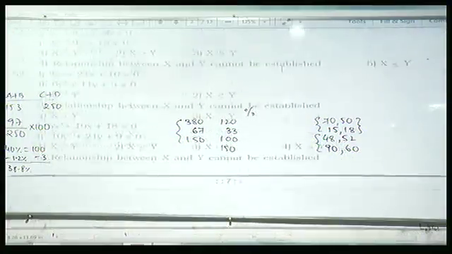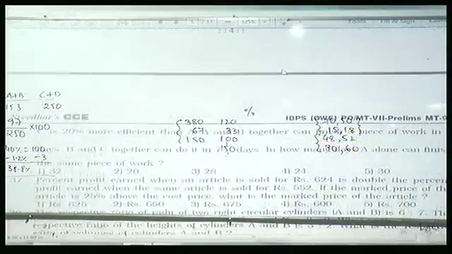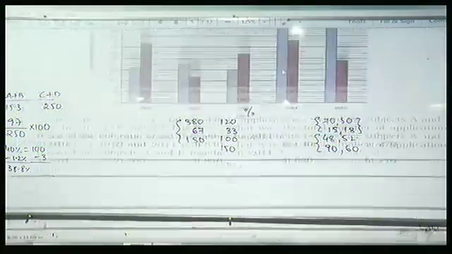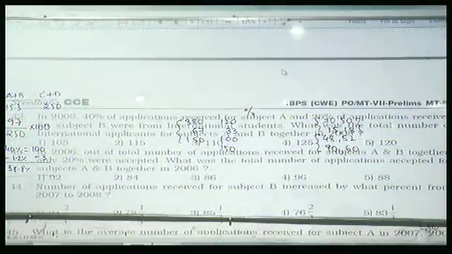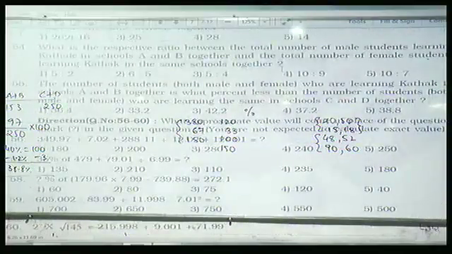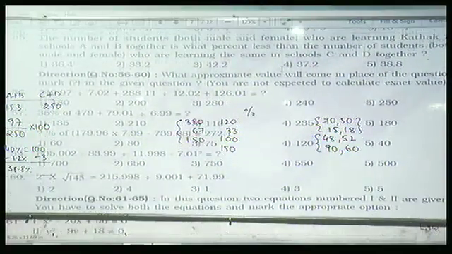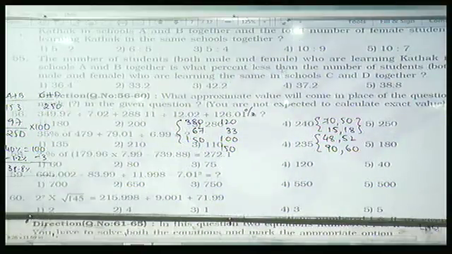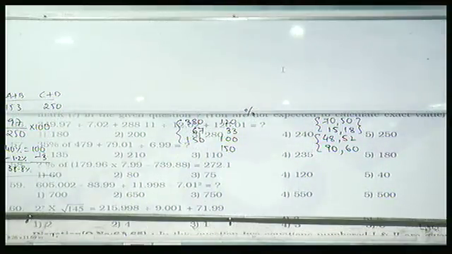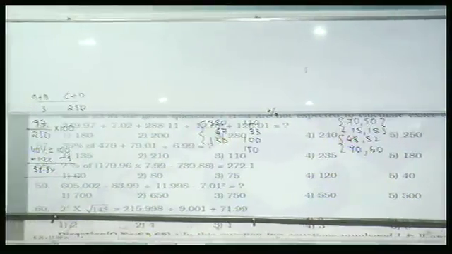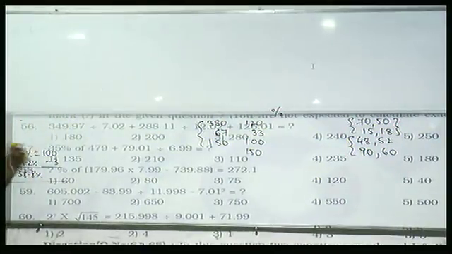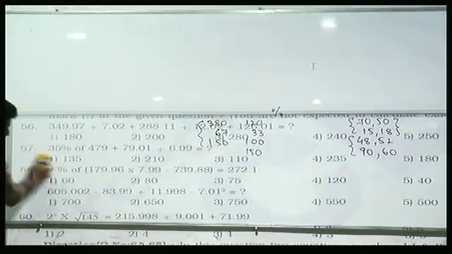Next, 56 to 60, approximations. We have left one question, aptitude: 8 times a number is 243 more than something, is that right?